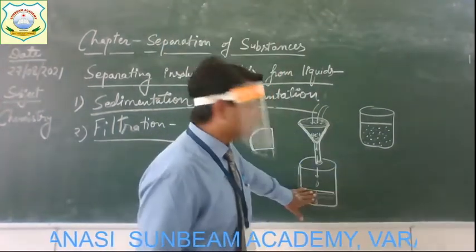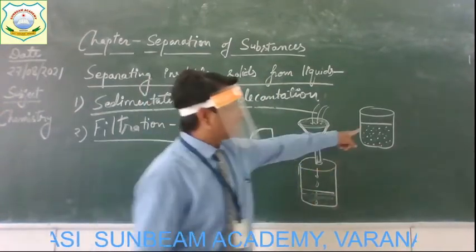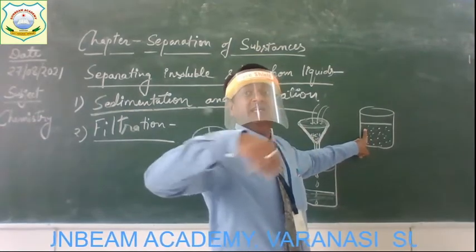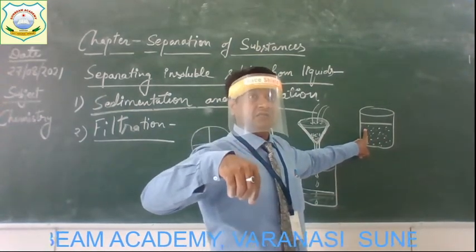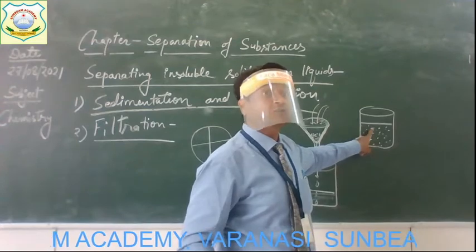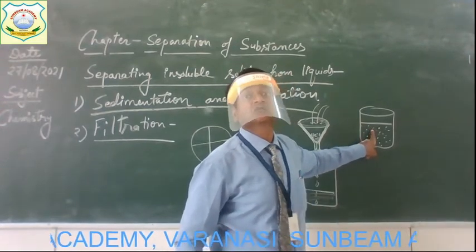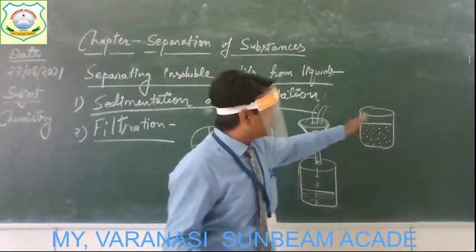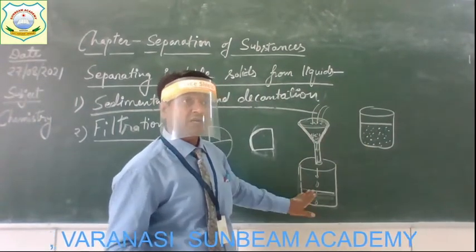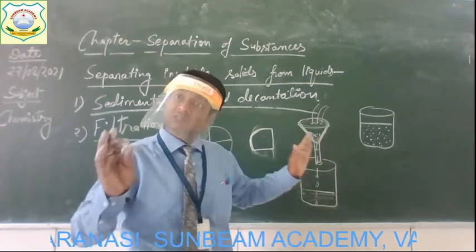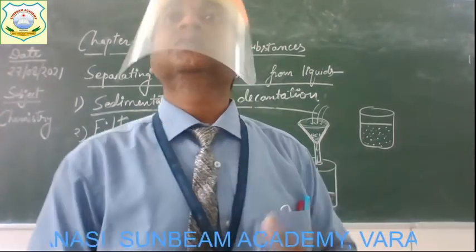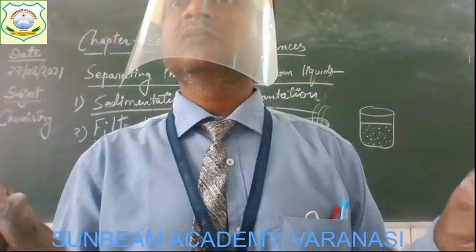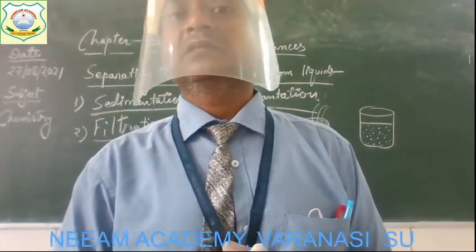Now this water gets clear. This time the water was not clear because a lot of sand is mixed in it. So this water is not suitable to drink. This water is also not suitable to cook food because sand is mixed. But after filtering it, the water which we get is suitable to use for cooking or for any purpose because now there are no sand particles present in it.